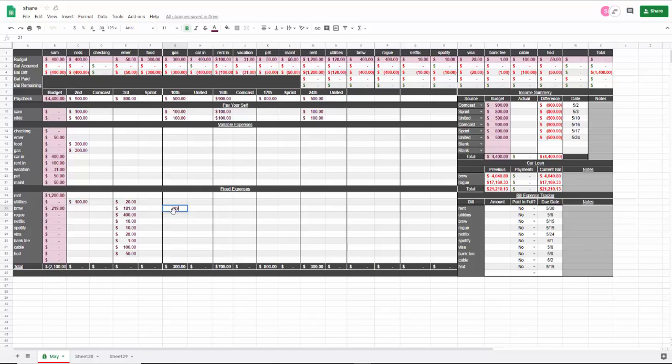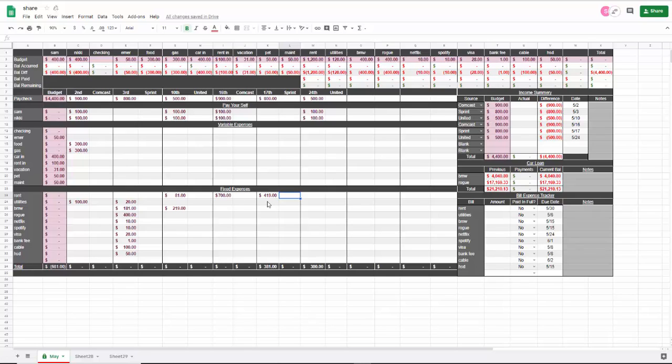So then out of this check is 219. That leaves 81. So the next major thing is the rent. So we got our 100. So that chunk will go towards rent. That leaves 419. That'll be taken out of column K. That leaves $381. So your rent is taken care of. Depending on your place, you may be able to pay early.